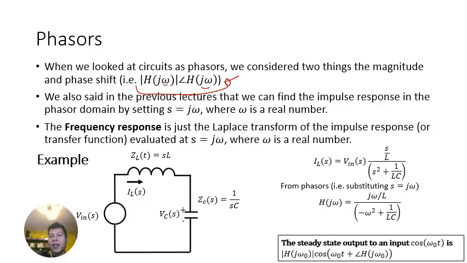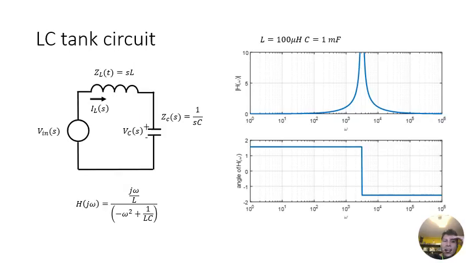Now we're going to actually talk about plotting the frequency response. To do this, we typically have to introduce some conventions that are used to report these things. But before we do that, let's just plot it. So if we look at this circuit here, the H of S, if this is the output, then it's just going to be I_L of S. Sorry, I apologize.